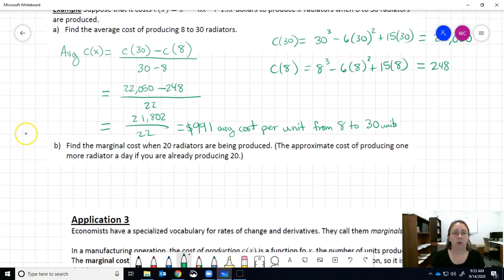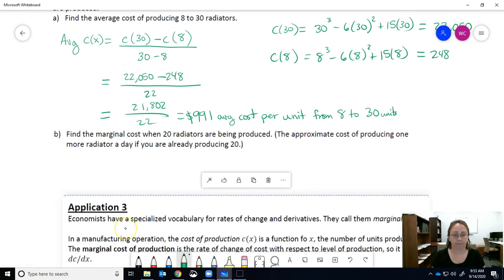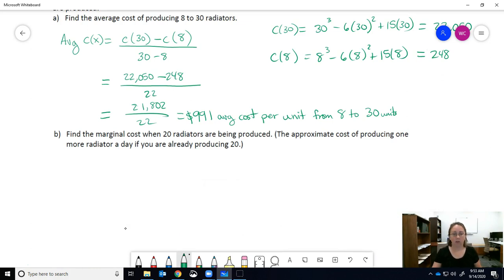Now let's go and look at part B. Find the marginal cost. So remember, we just found the average cost over a wide range of production, so from 8 to 30. Marginal cost, remember, is the cost of producing one more unit at a particular moment in production. So we want the marginal cost when 20 radiators are being produced.